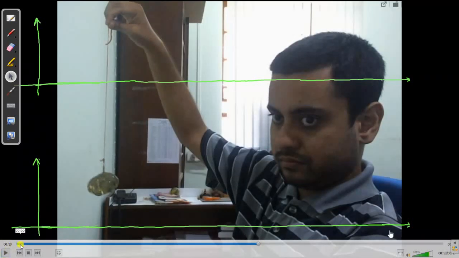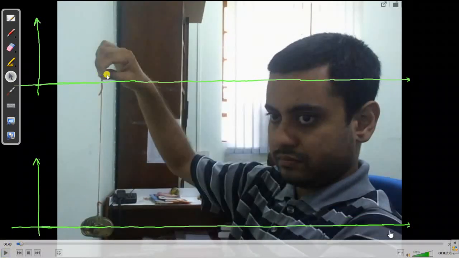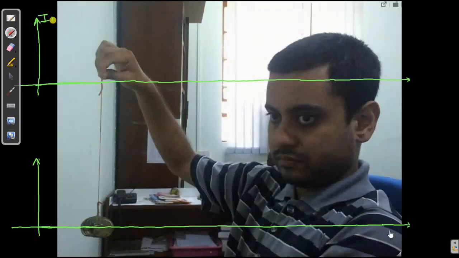Now let me call the position or height of my hand with respect to this horizontal line the input to the system, and the height or position of this paperweight from this horizontal line is my output.